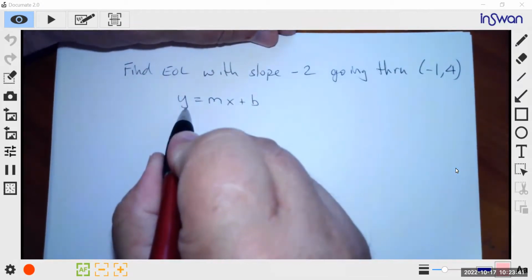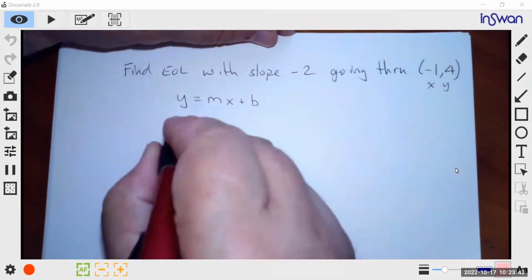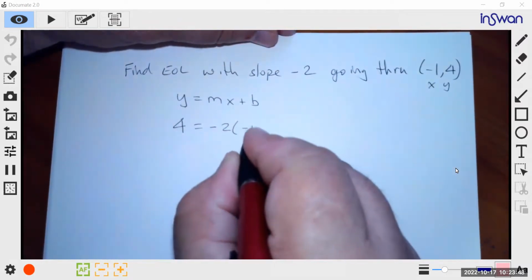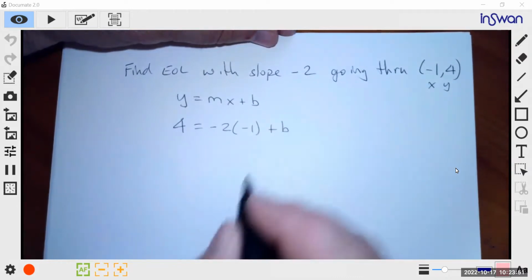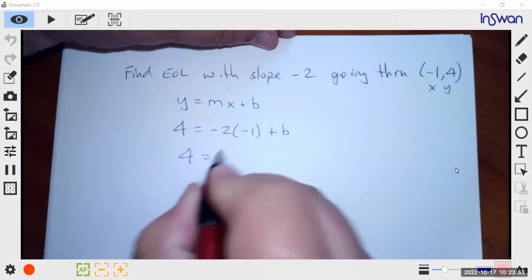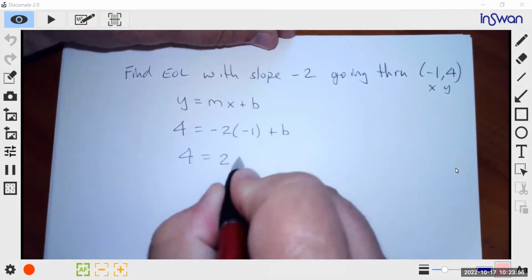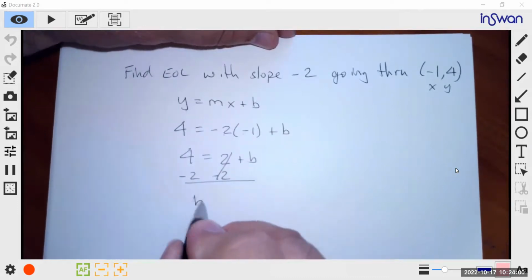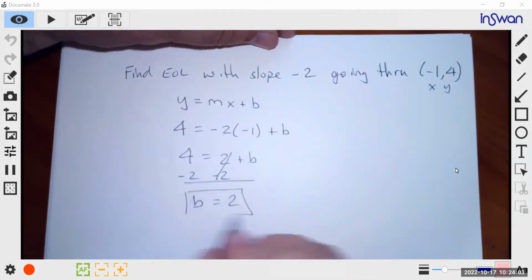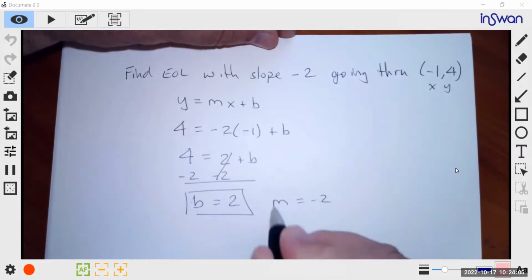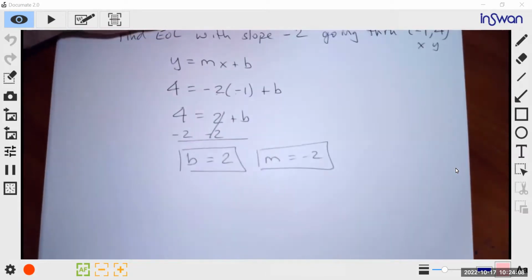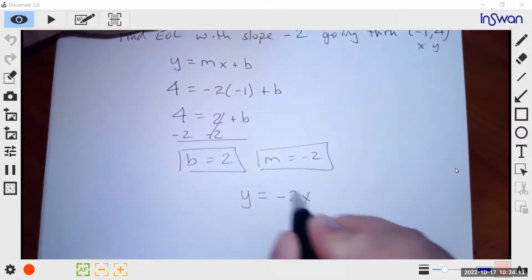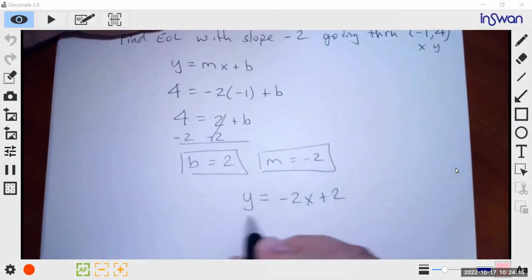What's y? What's m? X is -1. We have to find b. Negative times negative is a positive. 2 times 1 is 2. Subtract 2. B is equal to 2. M equals -2. So our answer is -2x plus 2.